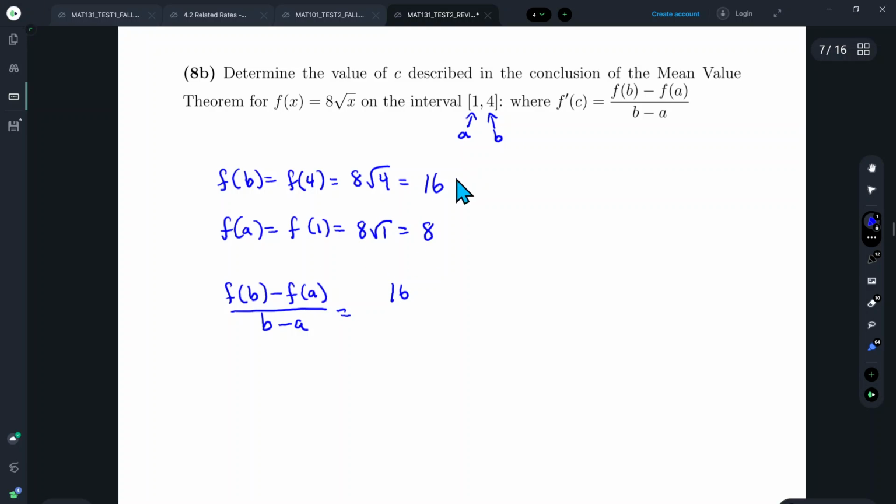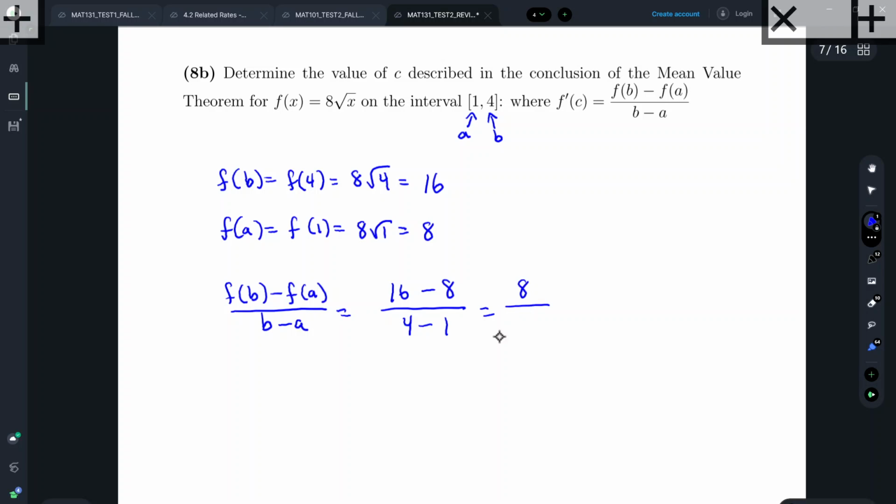This we calculated was 8. b is 4. And a is 1. Okay, so what do we get? 16 minus 8 is 8. 4 minus 1 is 3. Okay, so that means that this right-hand side is equal to 8/3.